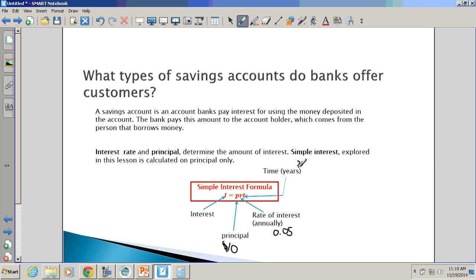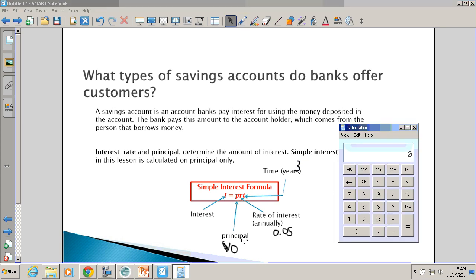Let's say you put it in for 3 years. So you would calculate this by taking your principal, $10, times the rate of interest, 0.05, times the number of years. So if you kept $10 in this account at this interest rate for 3 years, you would make $1.50 in interest.